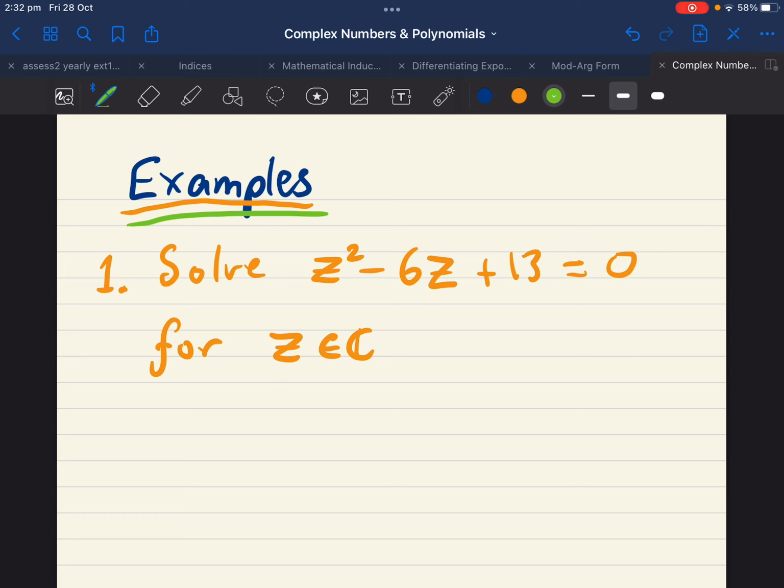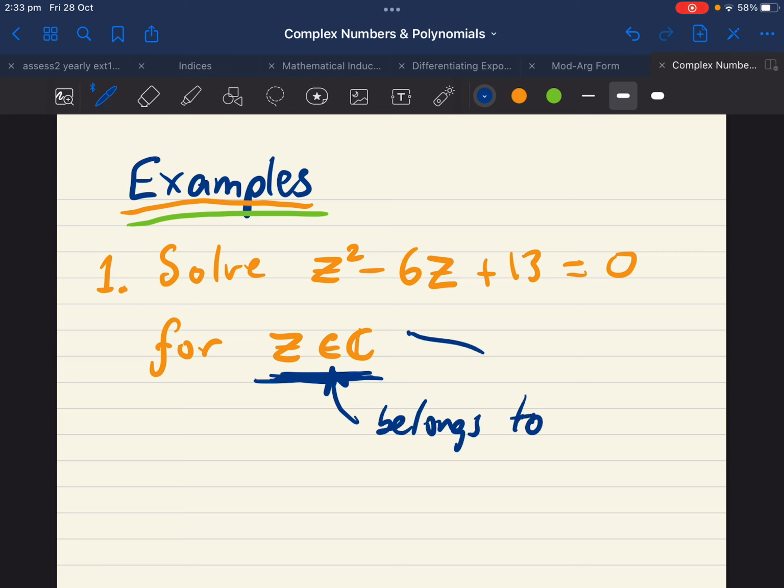But here we have technically a polynomial of degree 2, in other words, known as a quadratic. And we're going to solve this for z belonging to the complex numbers. If you haven't seen this before, what this means is z doesn't belong to the real numbers, it belongs to the complex numbers. So this symbol here, right there in the middle, means belongs to.